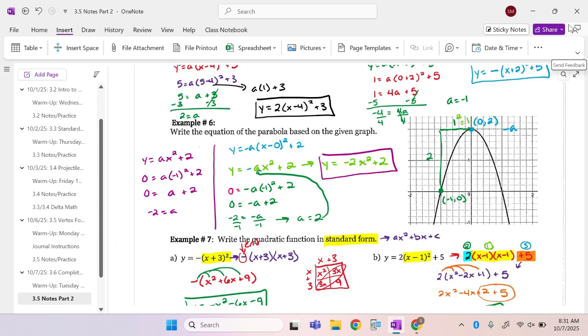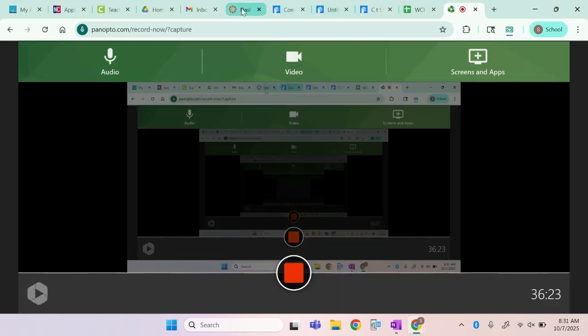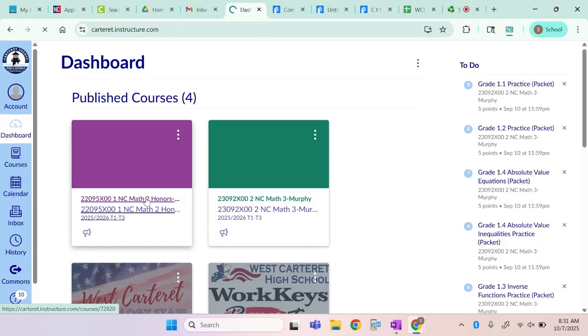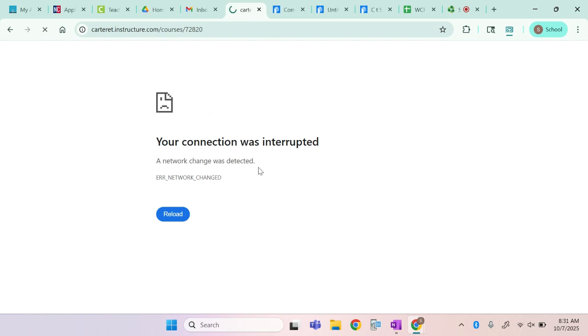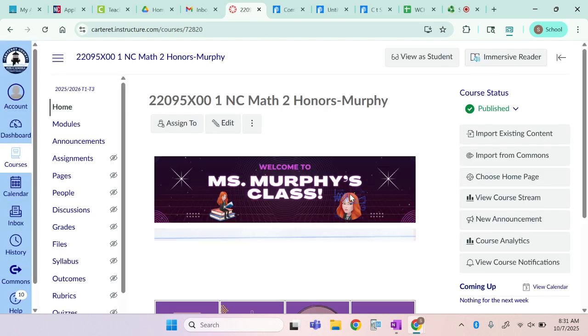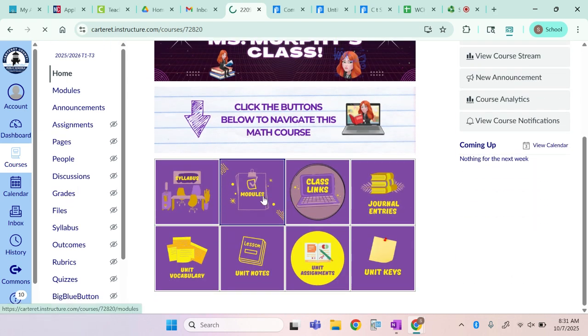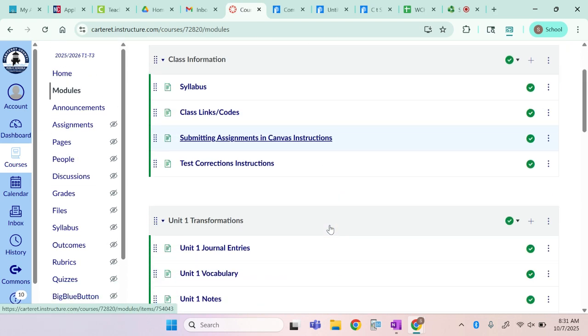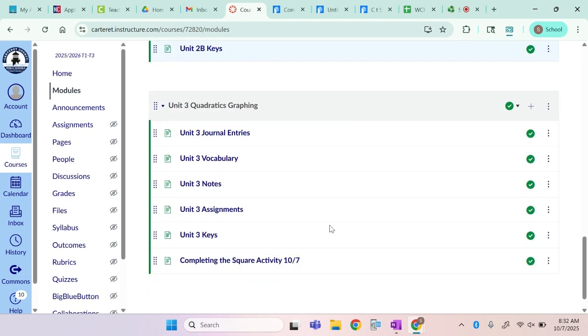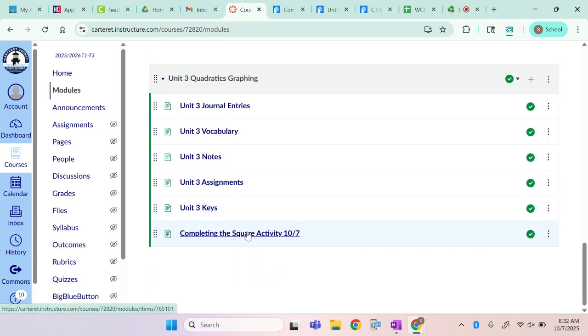Now, when you get to Canvas, I want you guys to go to my modules. So go to modules, scroll all the way down to unit 3, and click on where it says completing the square activity.